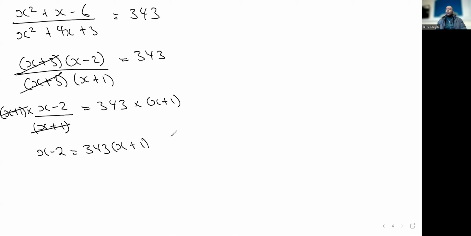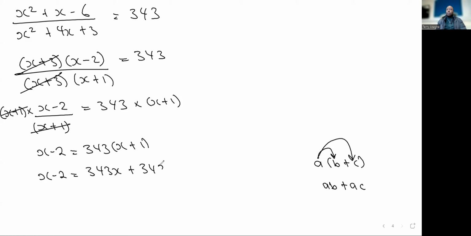Now, like I told you, we have a times (b plus c). So a times b will give us ab, and a times c will give us ac. So we're going to have x minus 2 is equal to 343x plus 343. Collect like terms together.